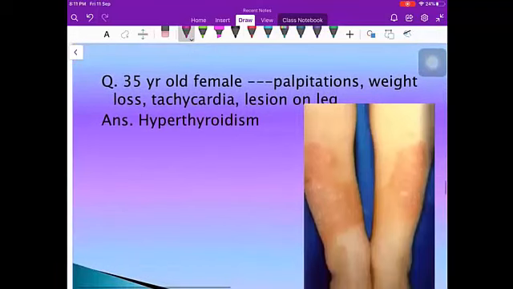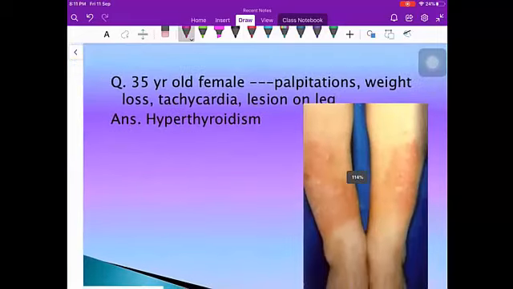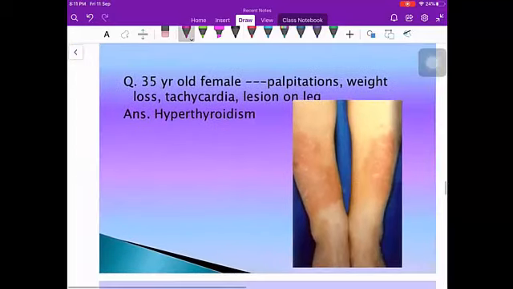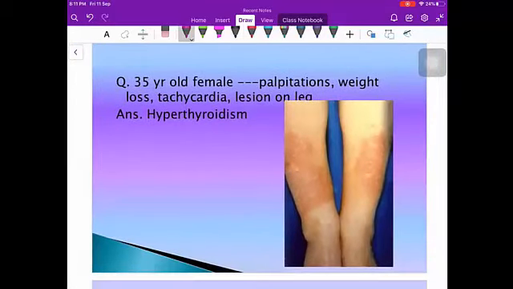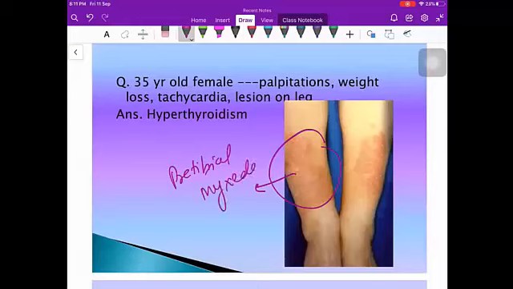Next, a 35-year-old female presented with palpitations, weight loss, tachycardia, and there was an image of lesions on the anterior side of the leg. So this is pretibial myxedema.